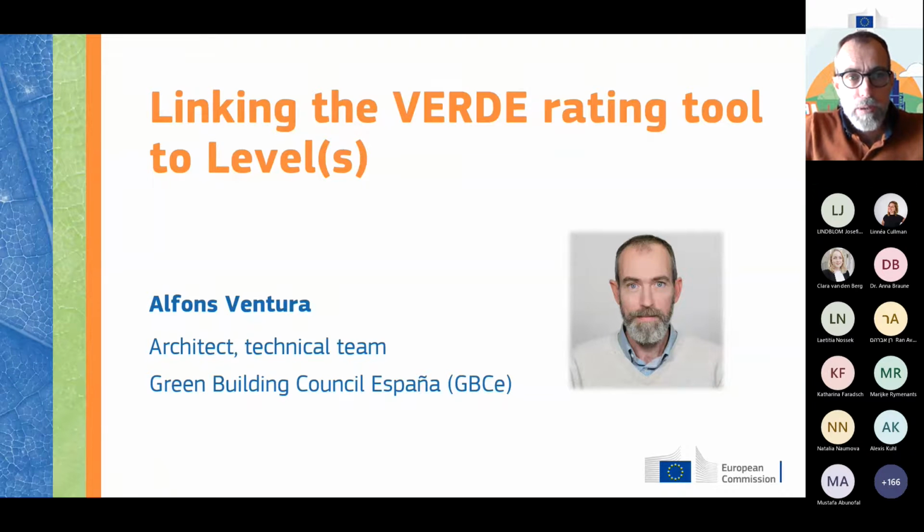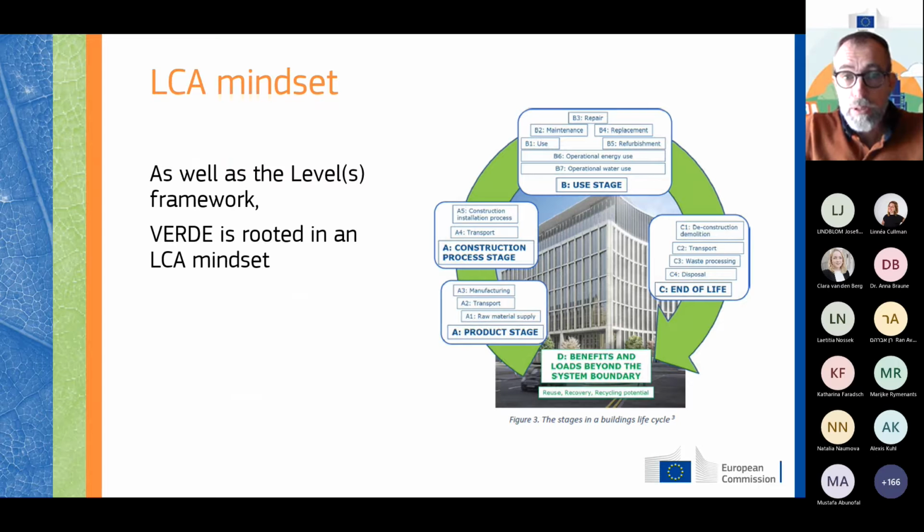Verde is a sustainability rating system developed entirely by the Green Building Council Spain around 15 years ago, and has been operating successfully in the Spanish market since then. As well as the levels framework, Verde is rooted in a life cycle analysis mindset, and each of Verde's criteria is evaluated in the life cycle phases where it has an impact.